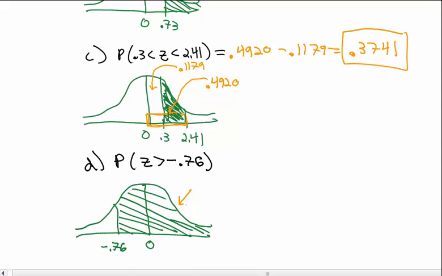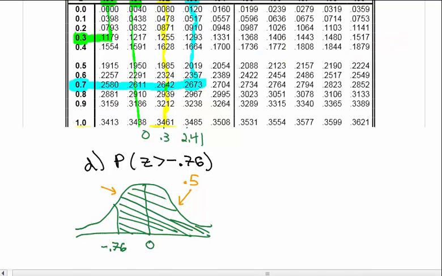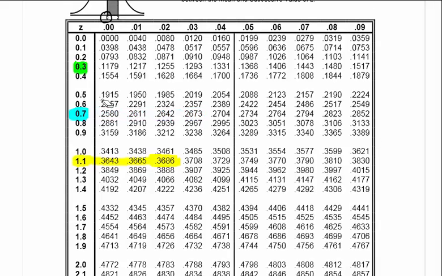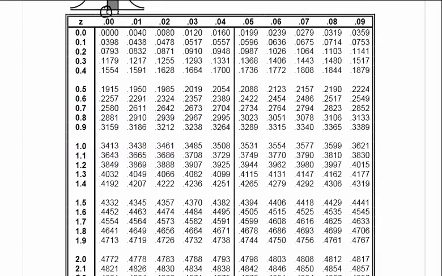Again, we already know the right side is 0.5. The left side is just between 0 and 0.76. And because it's symmetrical, we can just look at positive 0.76 on the table. Let's erase a bit, it's getting too crowded.